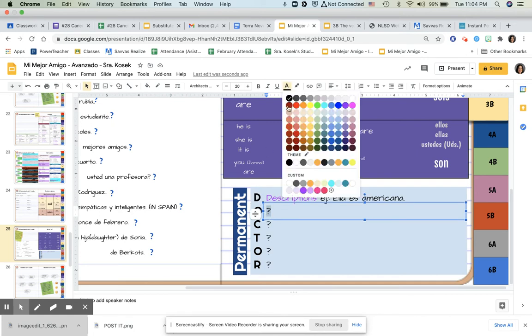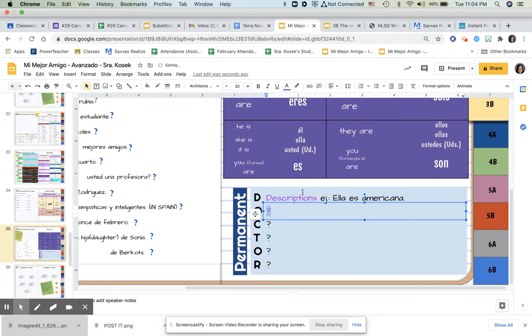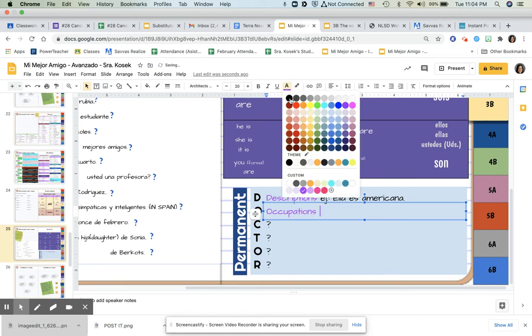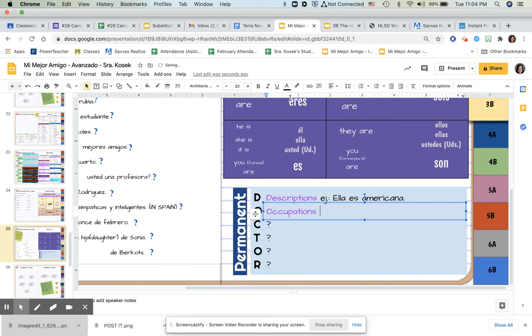Okay, the letter O stands for occupations. Now, that might be even a word you don't know in English, so that might be hard for you to understand. Occupations is another way of saying what someone does to make a living. So your occupation is to either be a child or a student.